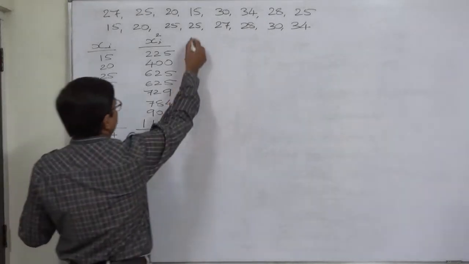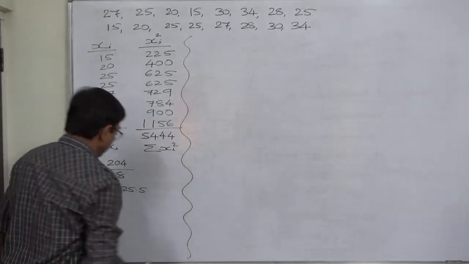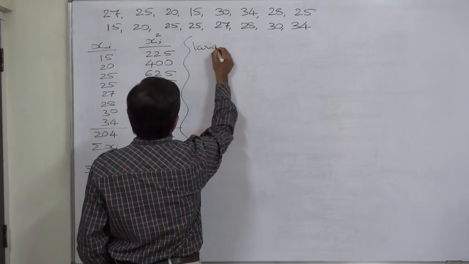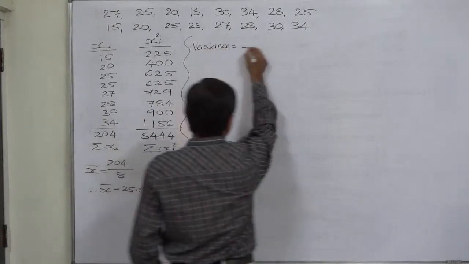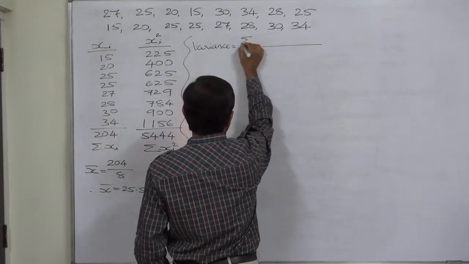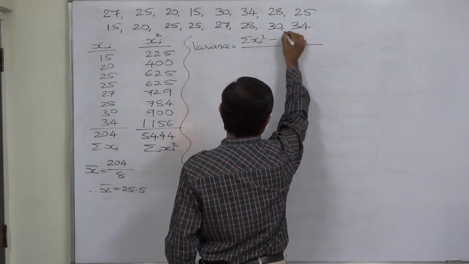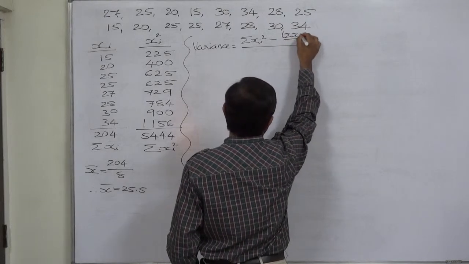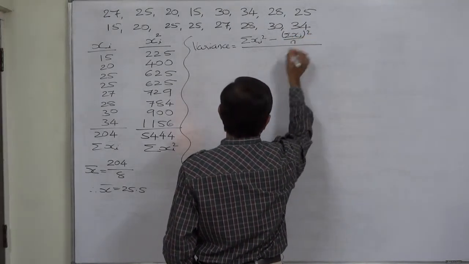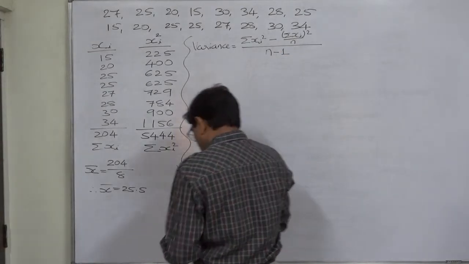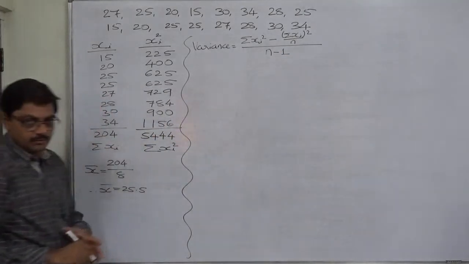Now we can calculate variance through these two results. Variance equals sigma x square minus sigma x the whole square upon n, and whole upon n minus 1, because we are dealing with the sample values.